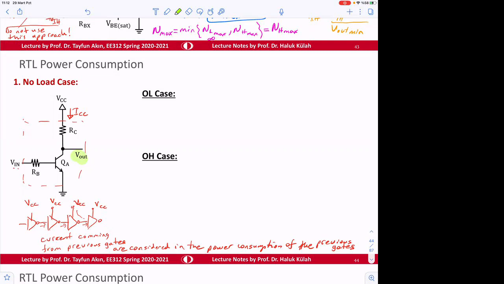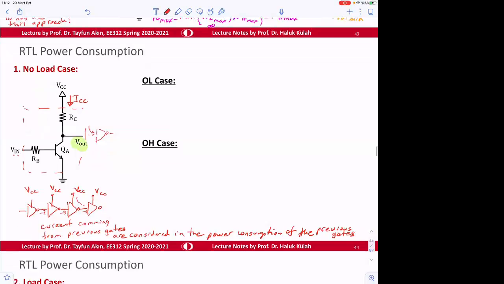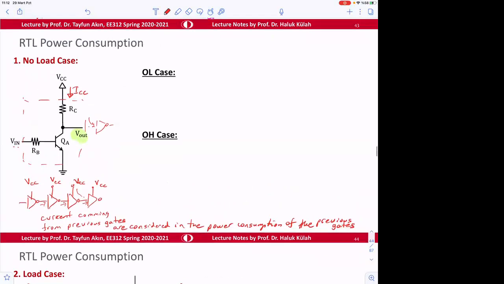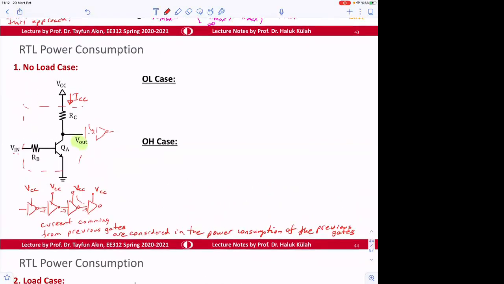So for this one, we also notice that if there is something here, there might be some extra currents here. Therefore, when we want to calculate the power consumption of a gate, we can do it for no load case or if there are any load. So let's look at the no load case.